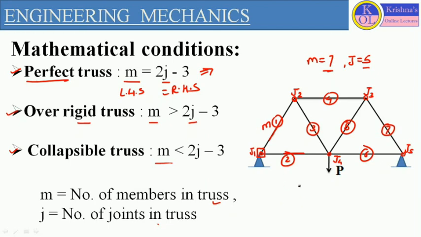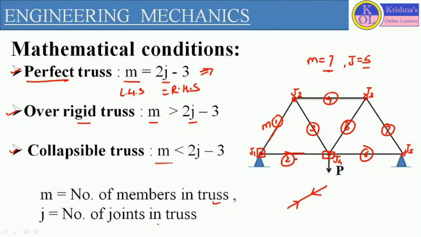Now, a few points you have to remember. As I told you about the member, the member should be a two-force member. That member is subjected to some force, and that force arises because of external loading. So first, remember this point: if any frame or truss is subjected to external loading, that external loading is considered at the joints only.